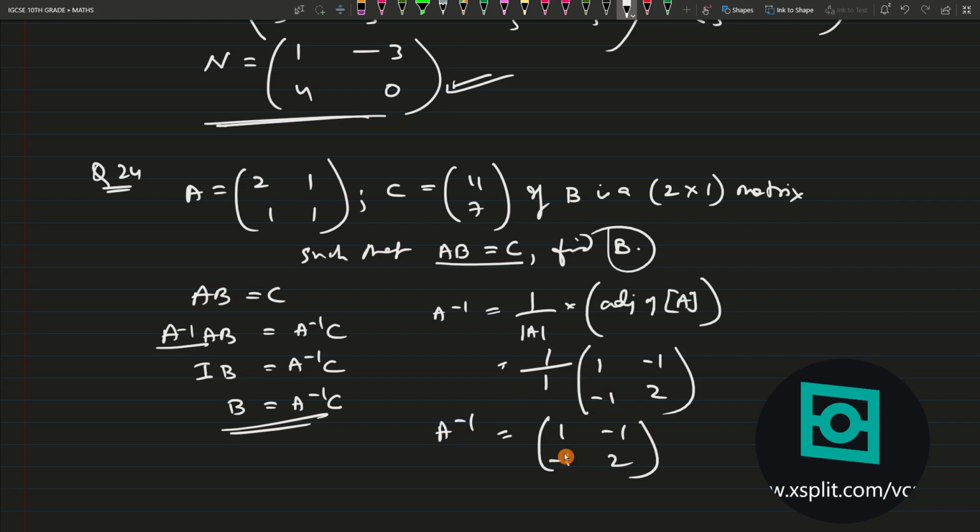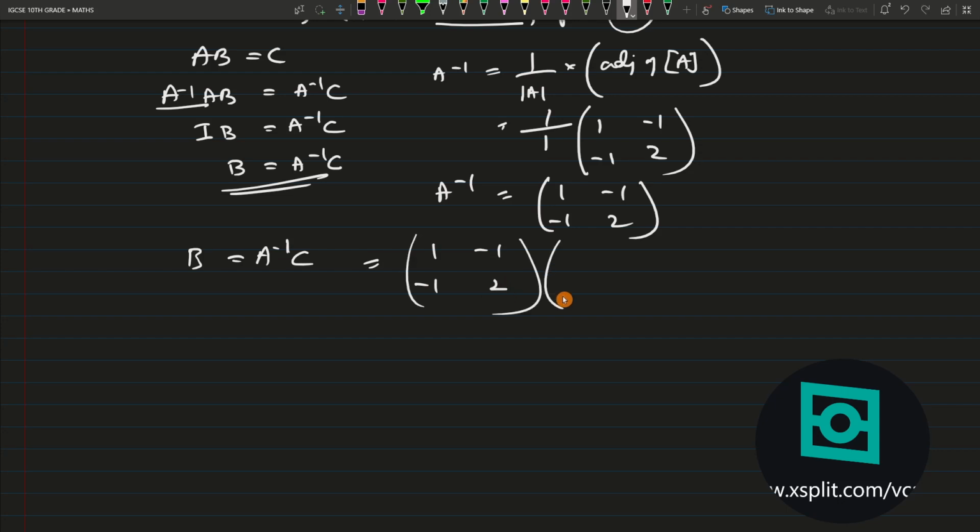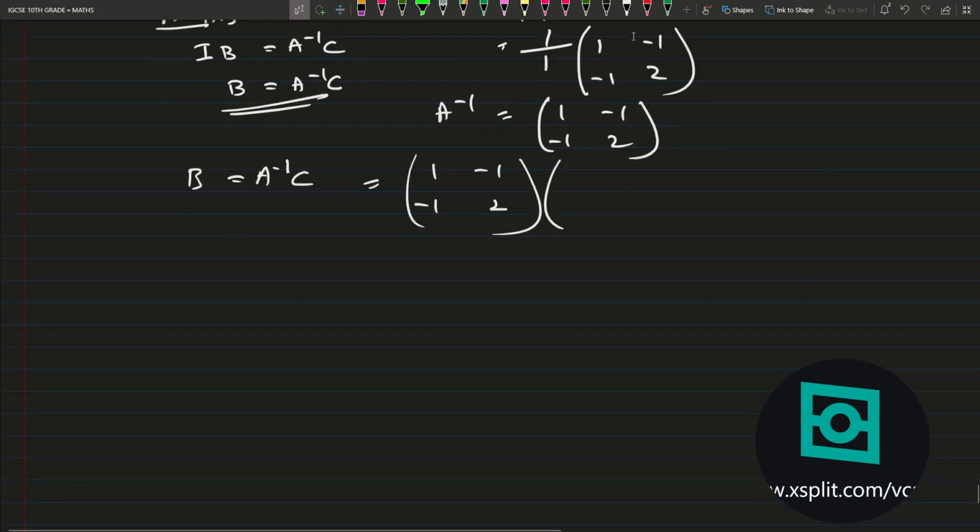Now my B is A inverse times C, that is equal to 1, minus 1, minus 1, 2 times C. Now what was my C? C was 11, 7, column matrix. So it's 11, 7.